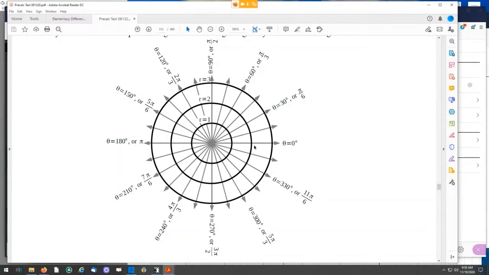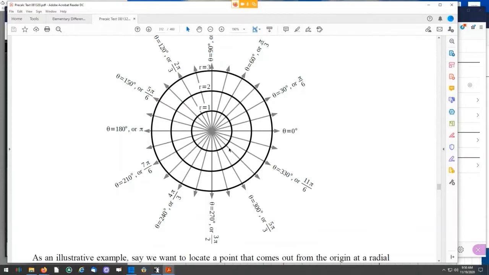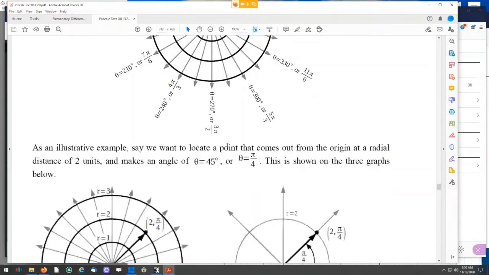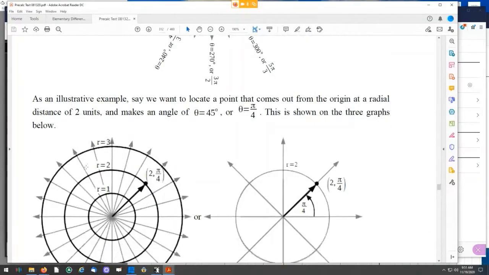Now, this is one way of representing my polar coordinate. I'm given a radius, which is all those concentric circles of varying radii, as well as an angle representation. For example, say I want to represent the point that's 2 units out with an angle of 45 degrees.